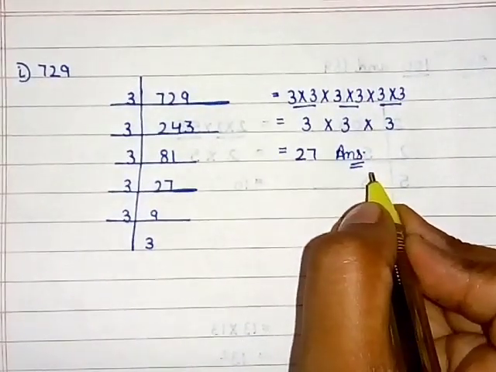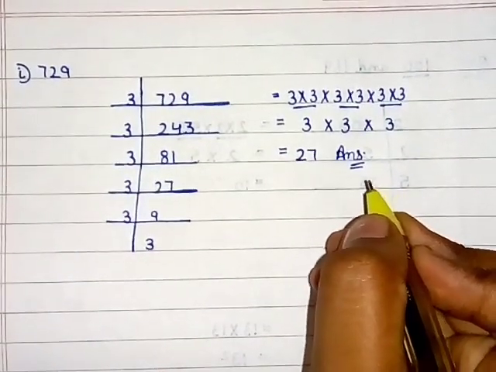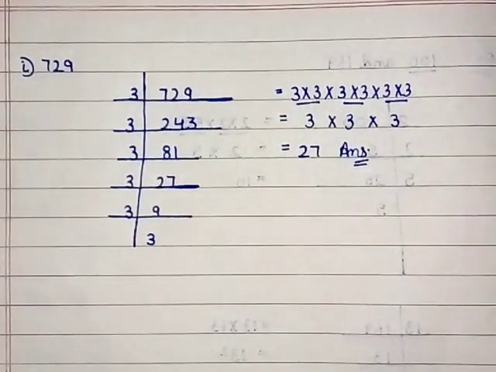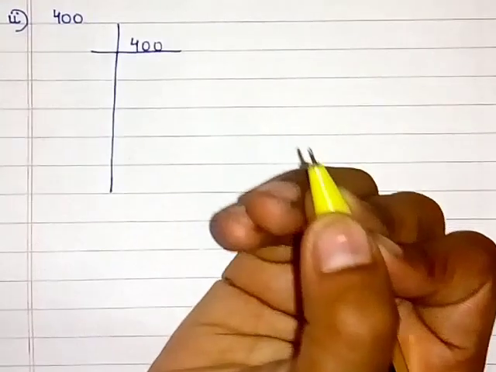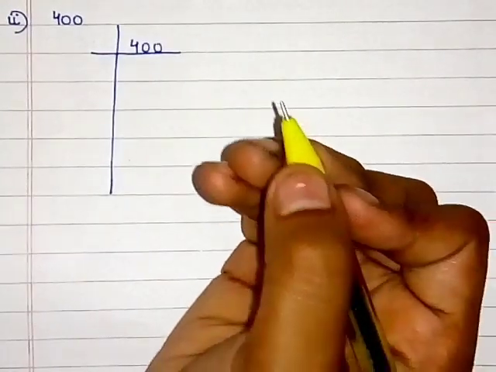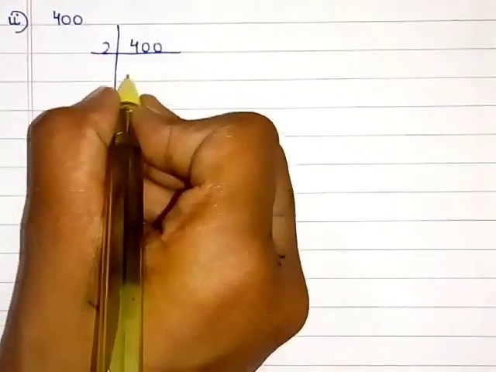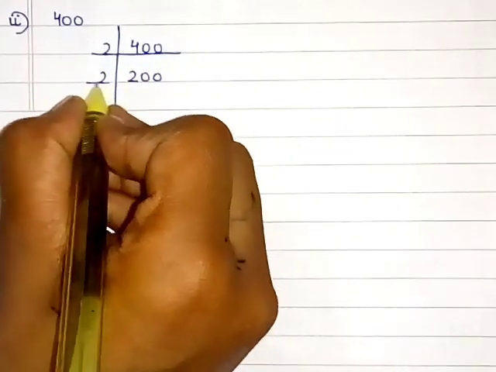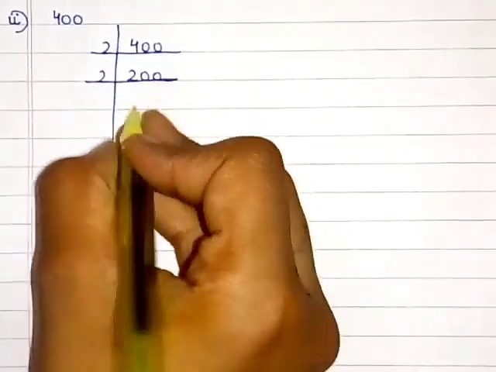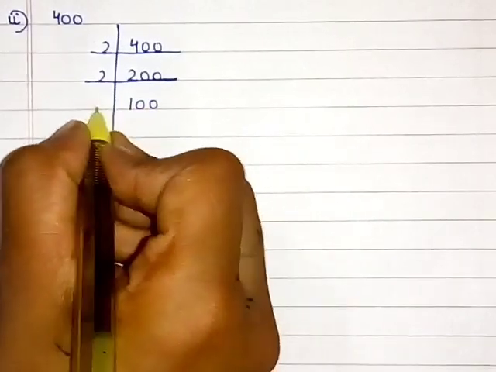Now let's come to the next part, which is 400. We will write 400 here. 400 can be divided by 2 and we get 200. 200 when divided by 2, we get 100.